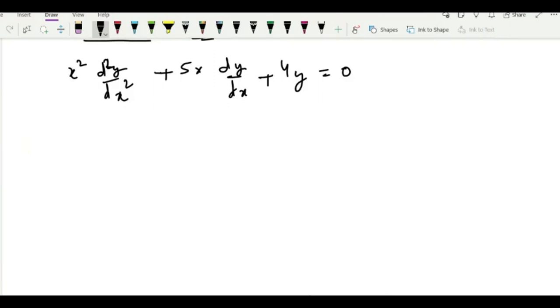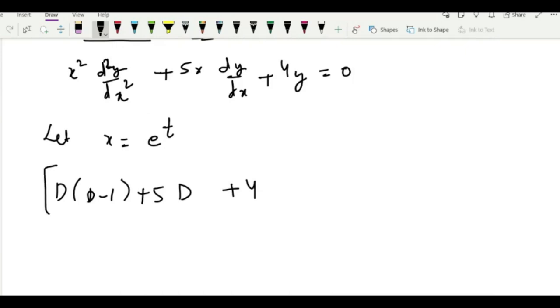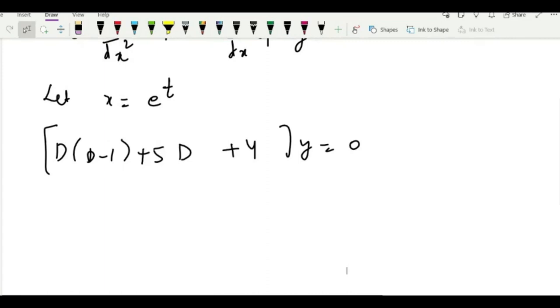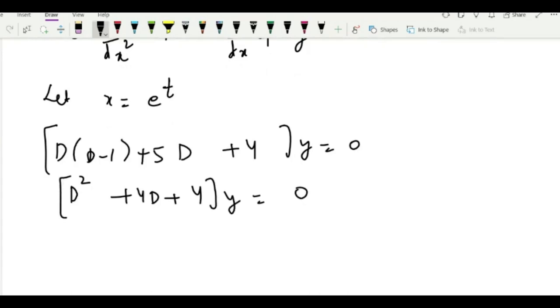Just do a substitution. Let x is equal to e raised to power t. So this becomes (D(D minus 1) plus 5D plus 4) y is equal to 0. We can write it as (D square minus D plus 5D, which is 4D, plus 4) y is equal to 0.